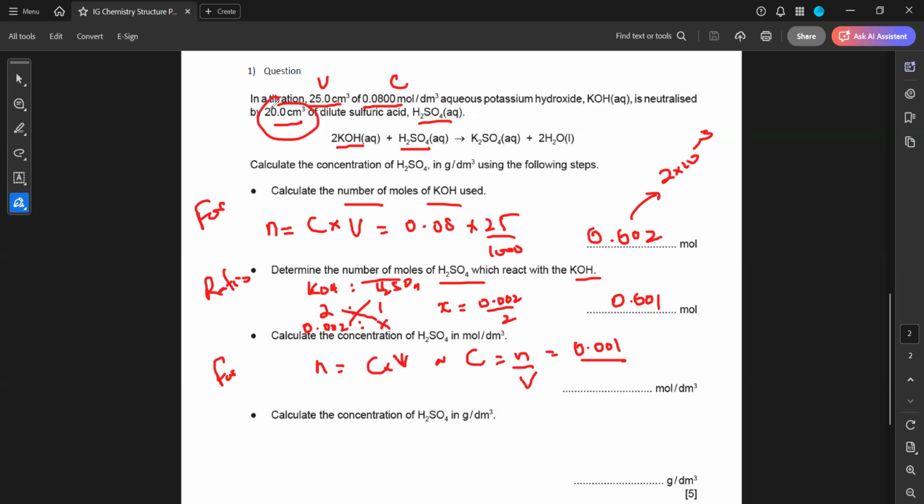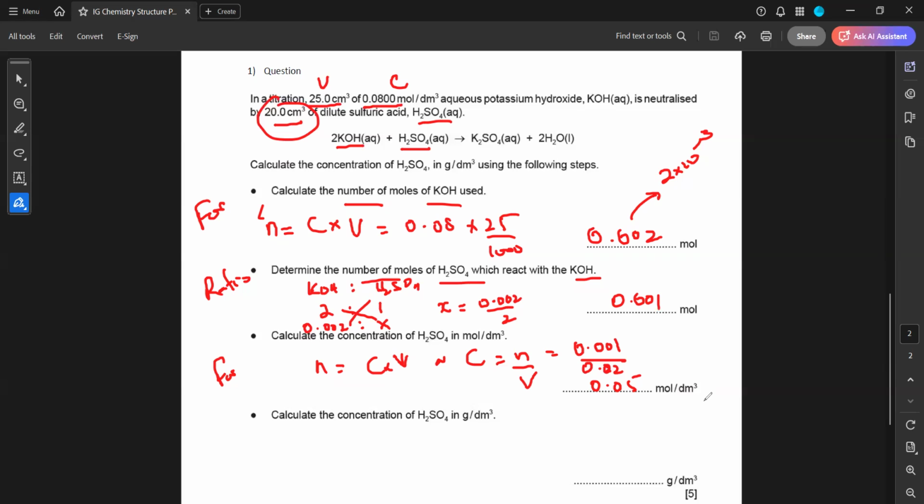You have to convert into decimeter cube. So 20 divided by 1000 is 0.02, in dm cube. When we divide 0.001 by 0.02, we get the concentration as 0.05 moles per decimeter cube.